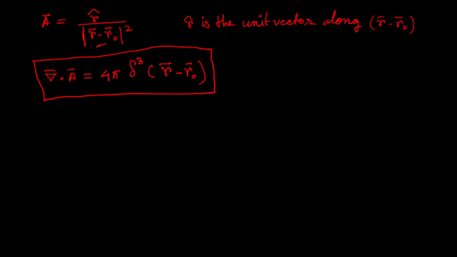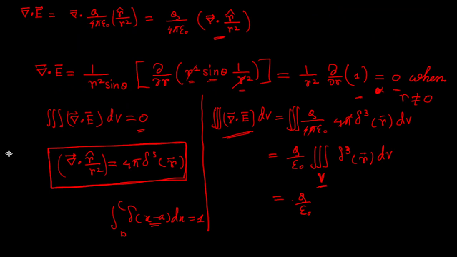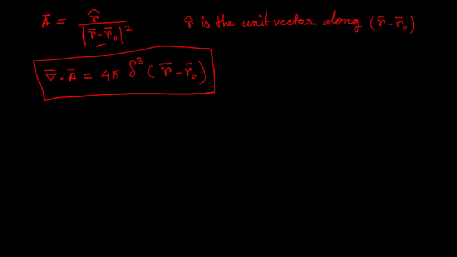And for the earlier vector, the divergence is 4 pi del cube r, where the peak of the Dirac delta function will be at r equals 0.